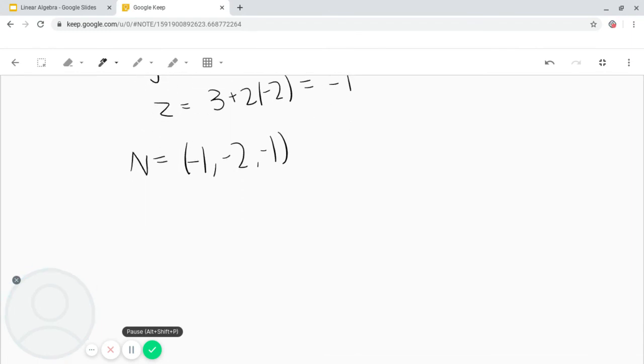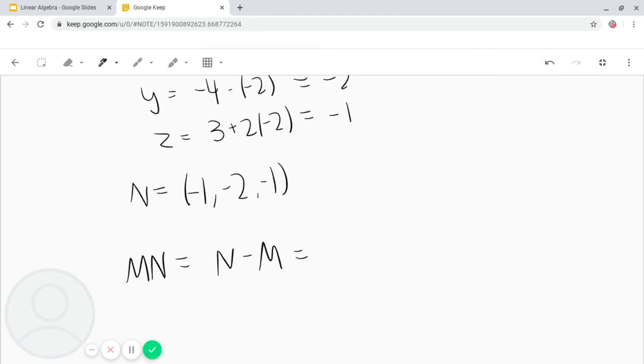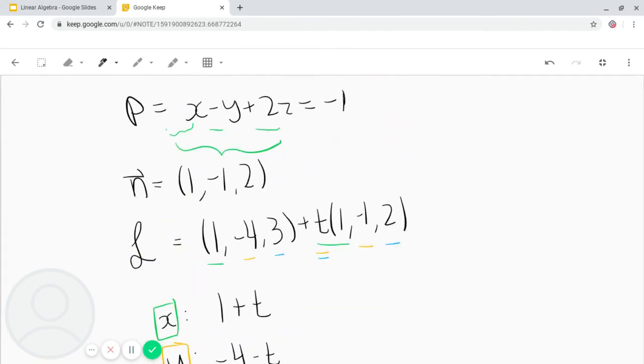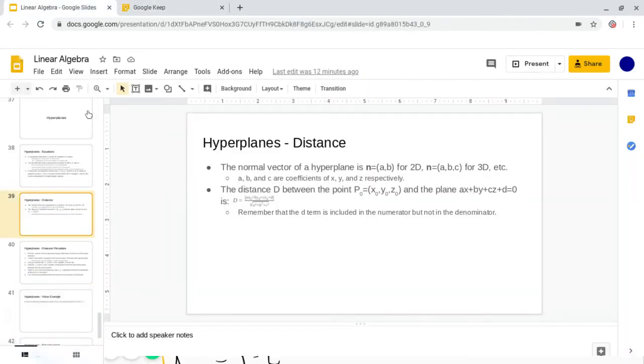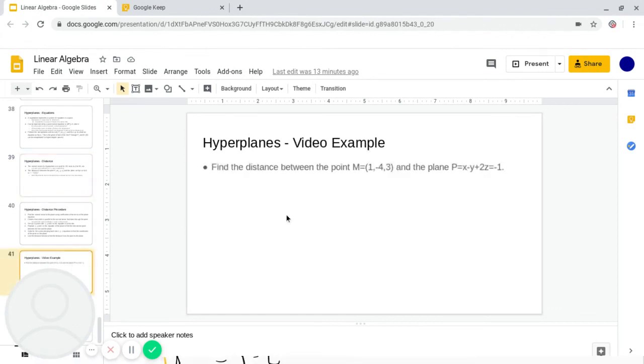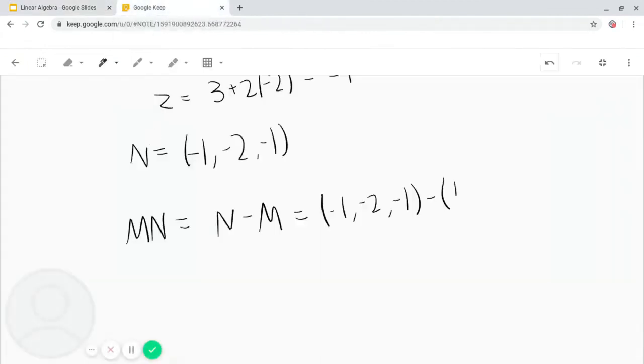So we can do, we'll call it mn equals n minus m, which is -1, -2, -1 minus, we have for m here, 1, -4, 3. And that will give us, so -1 minus 1 is -2. -2 minus -4 is 2. -1 minus 3 is -2. Okay, that works out for us.